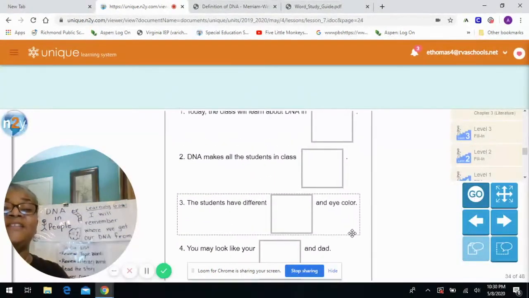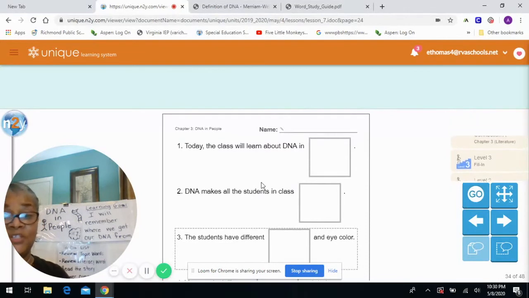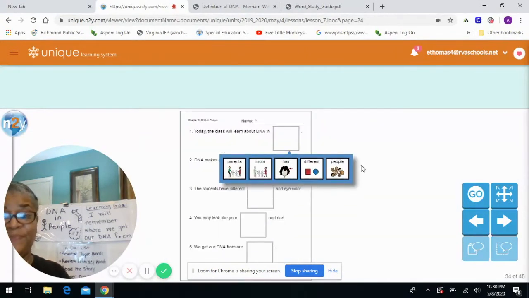All righty. Let's pull it down so we can see. So today the class will learn about DNA in what? Is it DNA in parents, DNA in mom, DNA in hair, DNA different, or DNA in people? Which one will it be?